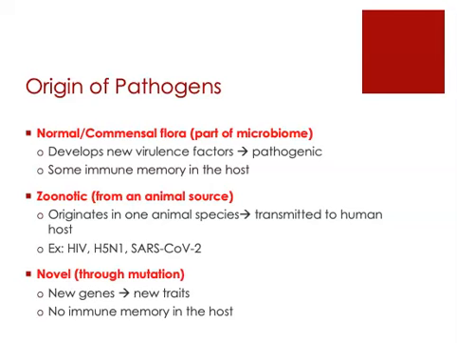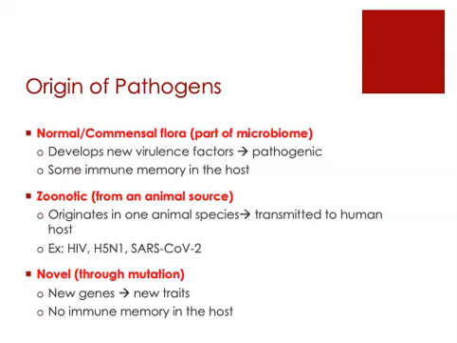Now, there are times when pathogens arise from other organisms that are perfectly normal and even helpful, organisms of our microbiome, for example. So sometimes normal flora, what we call commensal organisms, can go through processes where they develop new virulence factors and become pathogenic.